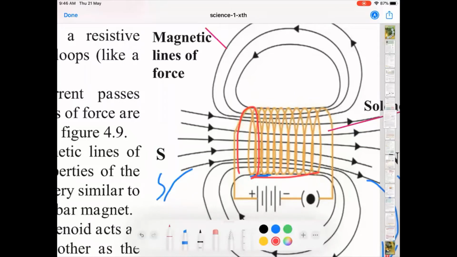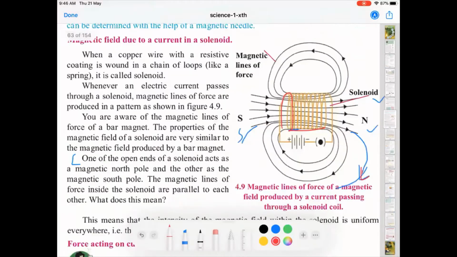I'm showing you the path, and then it will not flow in the form of a loop. And when it does not flow in the form of a loop, you will not get the effect of the magnetic field.